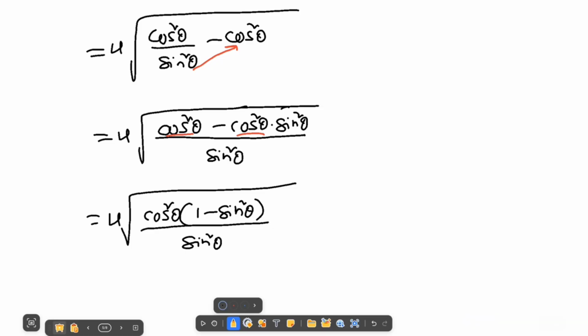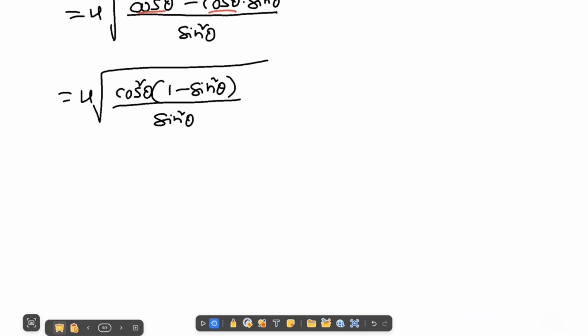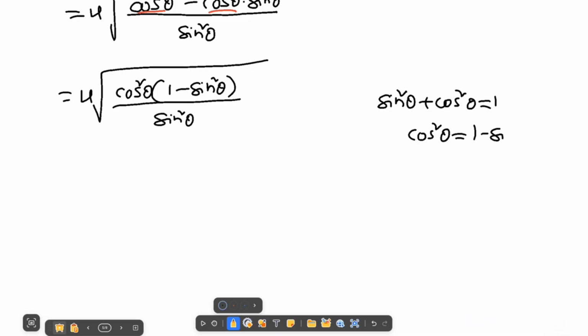So from the first identity, what do we have? We know that sin square theta plus cos square theta is equals to 1. So if we send sin square to the right side, cos square theta is equals to 1 minus sin square theta. So in place of 1 minus sin square theta here, you can write cos square theta.